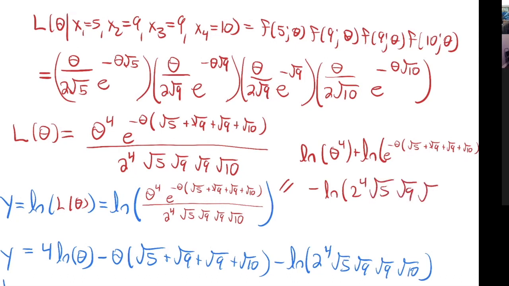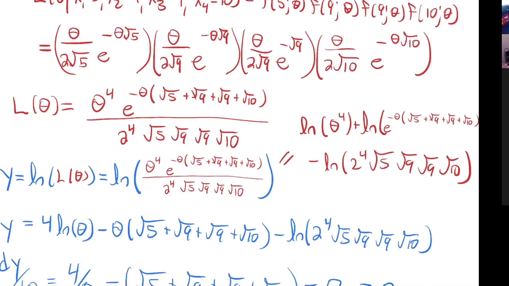So here I'm just using the properties of logs again, that when we split up products, we can think about that as the sum of natural logs. When I have the natural log of A divided by B, then it's the natural log of A minus the natural log of B.